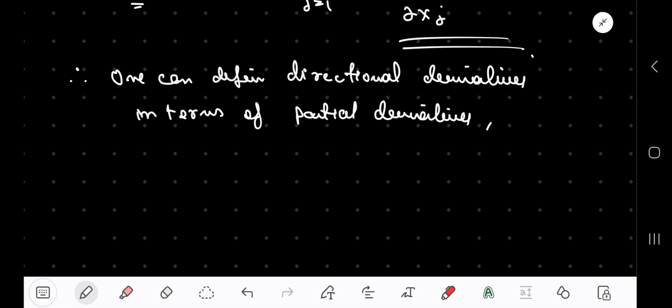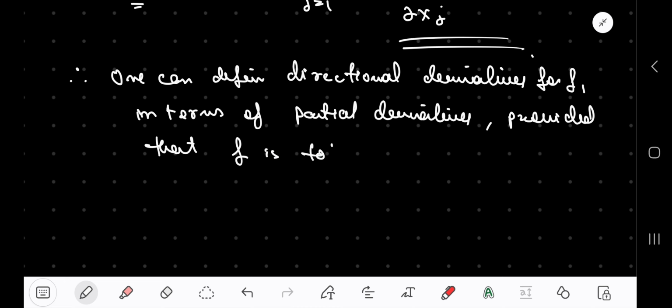Therefore f prime at x0 needs to exist, right, provided that f is totally differentiable at x0.